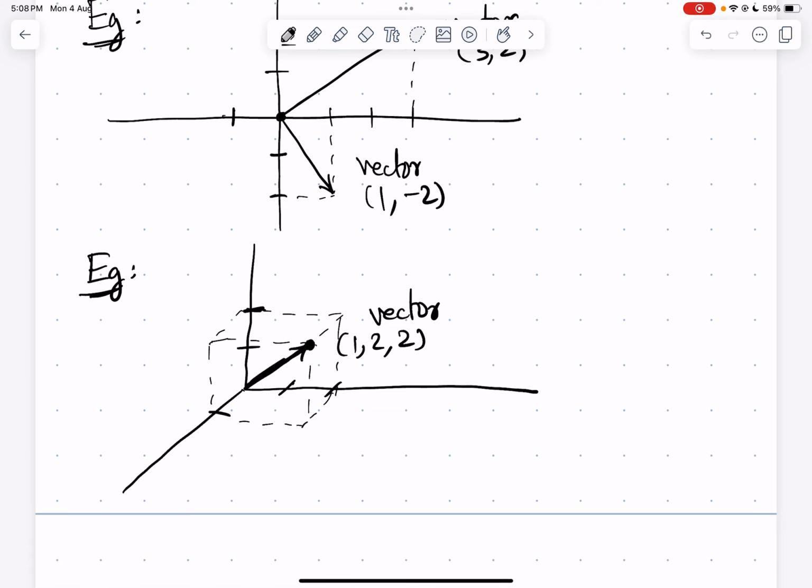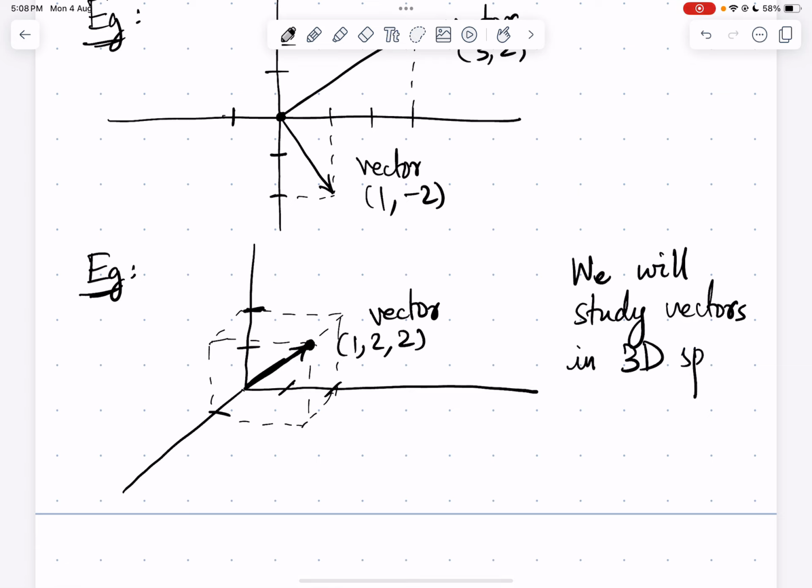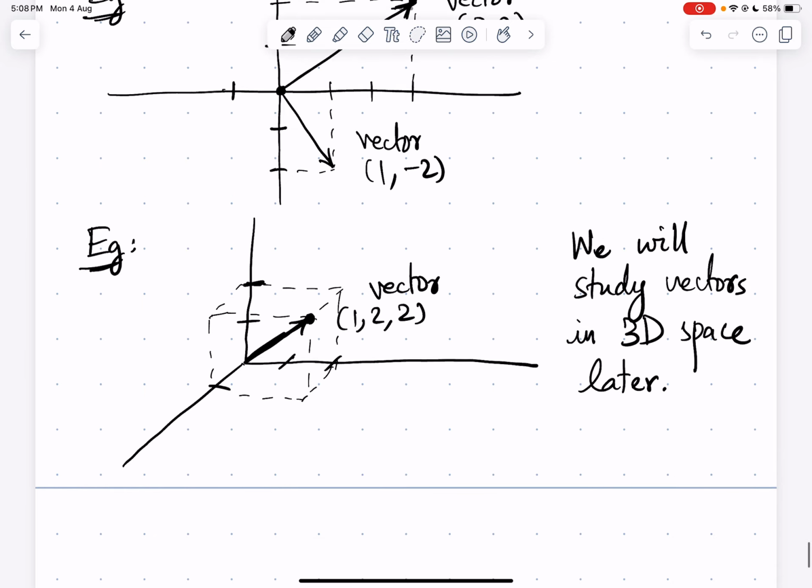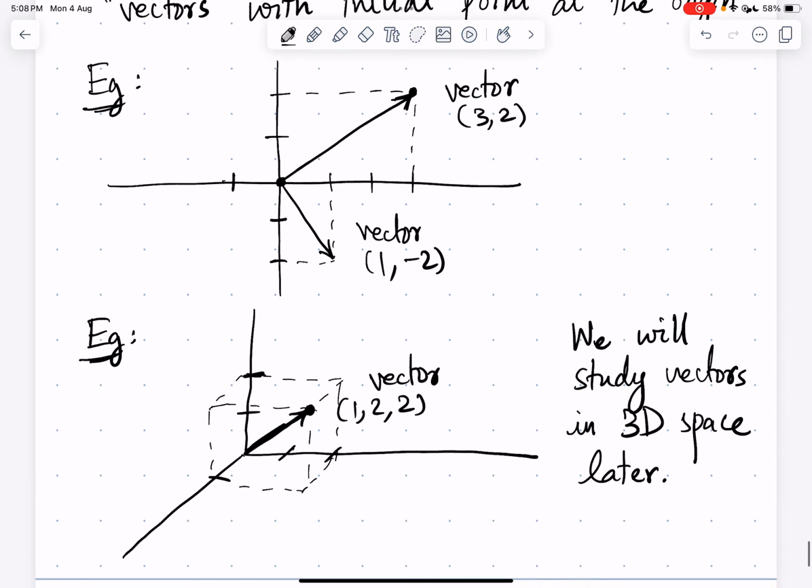So points can be treated as vectors from the origin, beginning at the origin. Points are just vectors beginning at the origin, so we can treat points like that. We will study vectors in 3D space later. Okay, so points can be considered as vectors beginning at the origin.